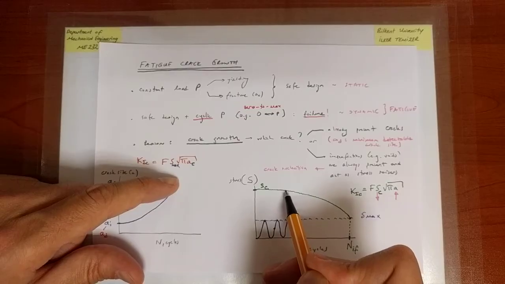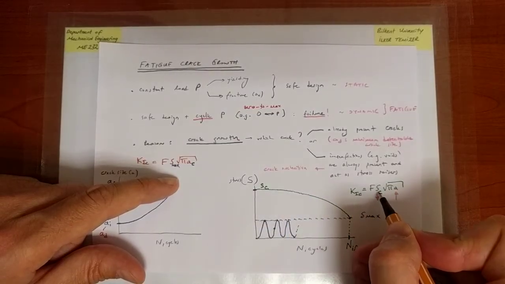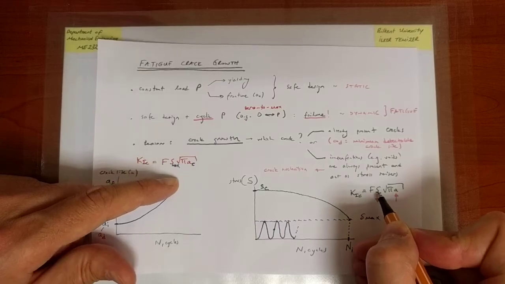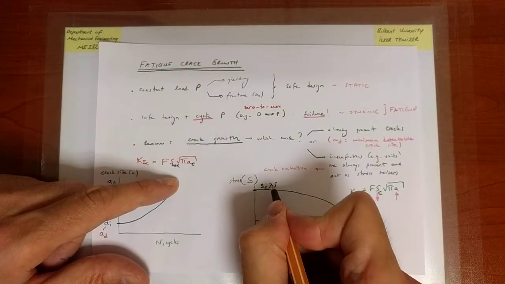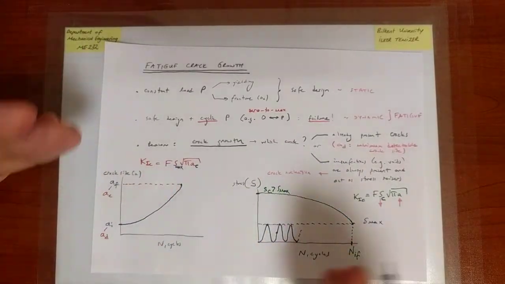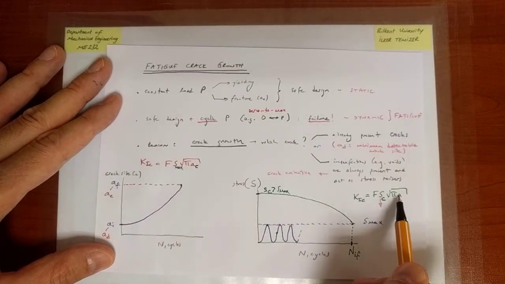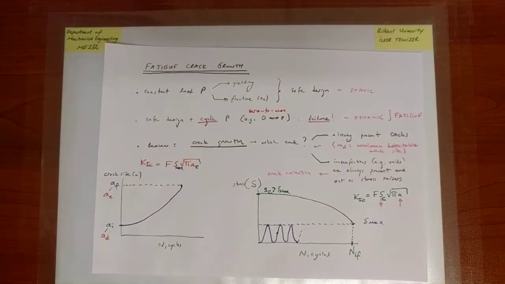The maximum value I could apply is SC. For any given crack size, there is a critical load that I can apply, which is always larger than S max. I don't apply this in practice, it's just that I could, and eventually that load will decrease because the crack is growing. When that load is equal to S max, then I get fracture. That's another way to view this issue.